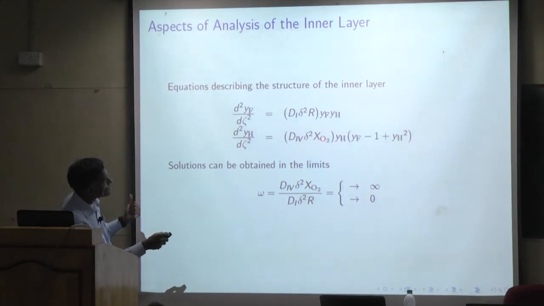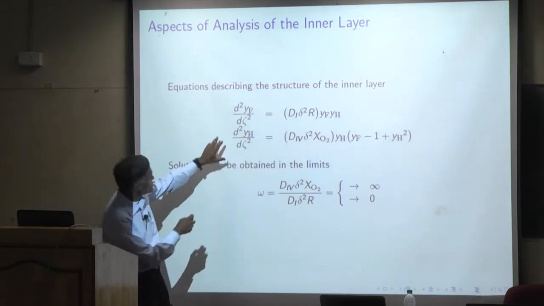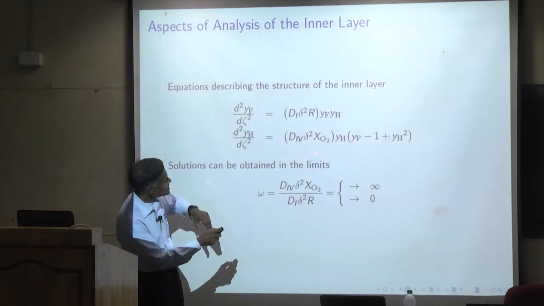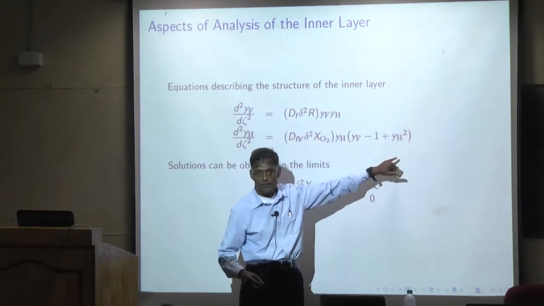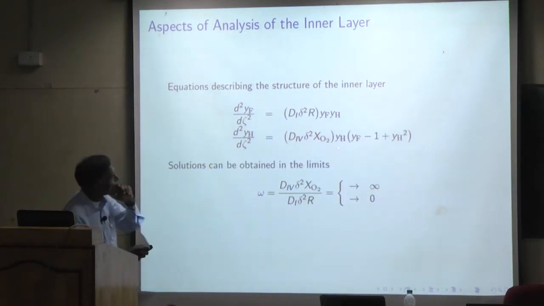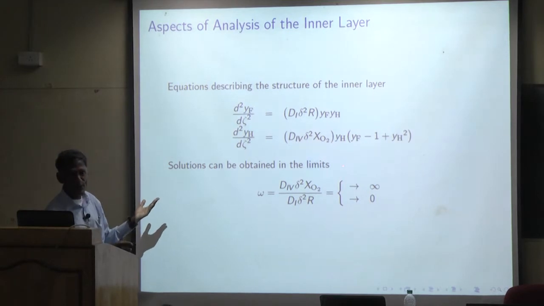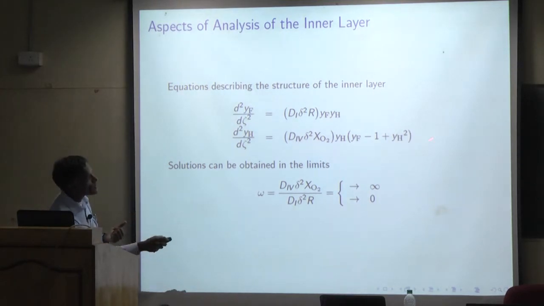If this is very large, then Y_H cannot be 0. Since this is finite and this is large, that means this term here must be small. But then Y_H cannot be 0, I cannot put that equal to 0. So therefore, you can put this term equal to 0.